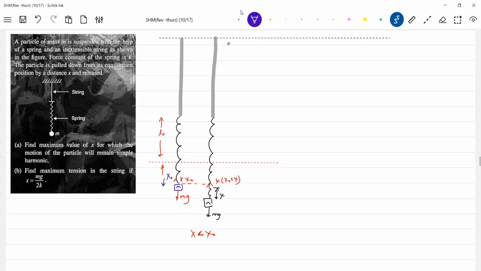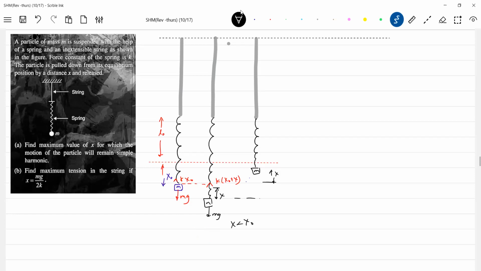If x is less than x naught, in this case the block will go here. What is the state of the spring? The spring will still remain stretched only, and it's going to execute SHM.